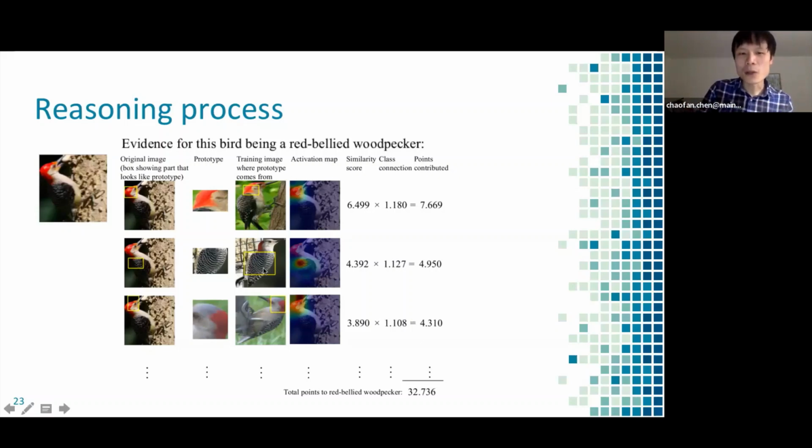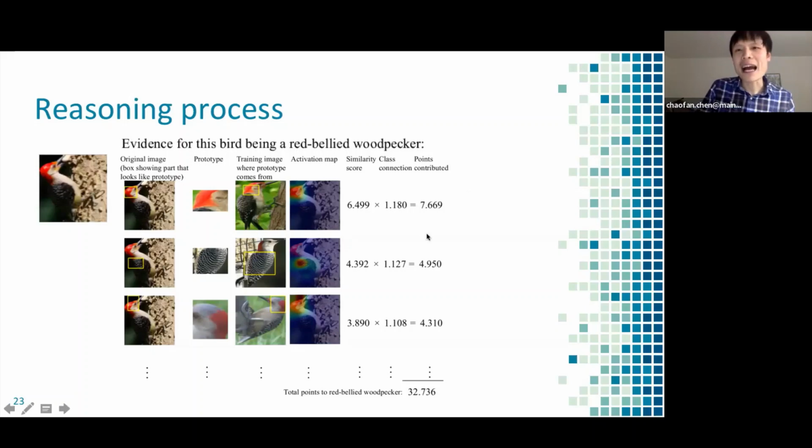And the highest score, which is the max pooled score, is 6.499 here for the top activated prototype for this class. And the class connection is the weight between this prototype and the class score of red-bellied woodpecker. As we can see, the class connection is 1.180, which means that this prototype is weighted 1.18 times as important for this class.